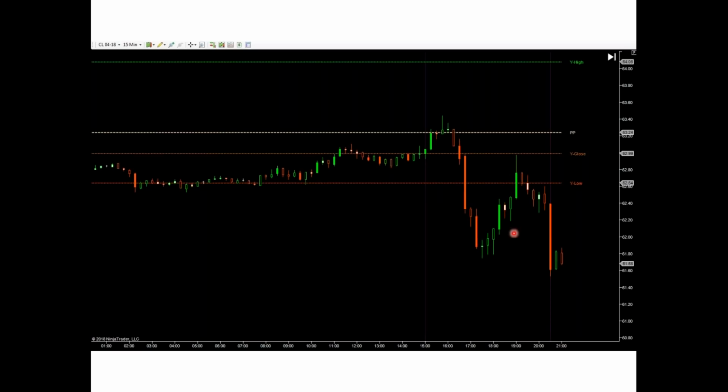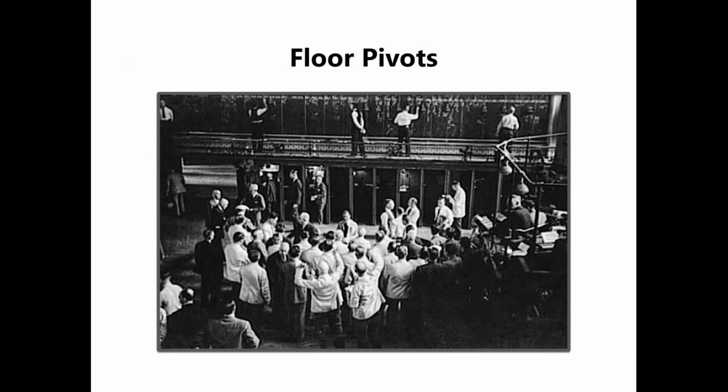Some of you will already know where I'm going with this, because these are some key areas of support and resistance that can be drawn up based on these levels, and you already see the pivot here. That is an approach said to have originated with floor traders back in the day, before we had powerful computers to run various calculations for us.